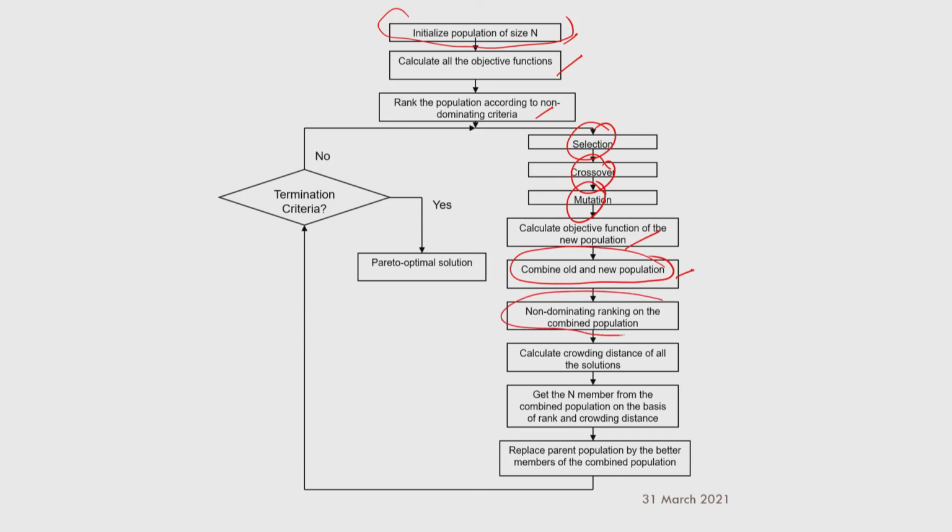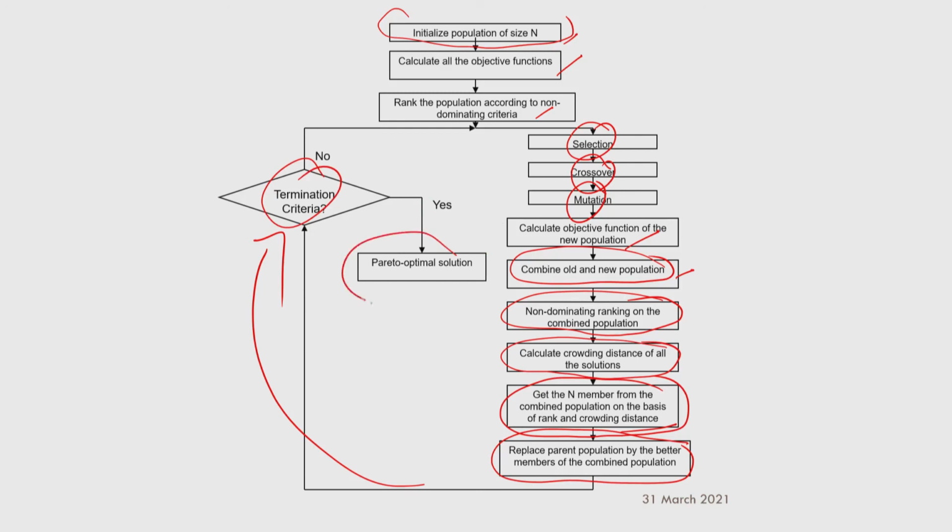Then we do the non-dominated sorting, put the rank, and also calculate the crowding distance, and then N members of the population are selected based on ranking and crowding distance. So replace the parent population by the better members of the combined population, and this process continues unless we reach the termination criteria. When you reach the termination criteria, you come out of this loop and you get the Pareto optimal front.